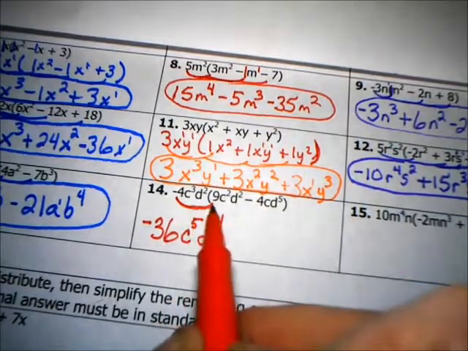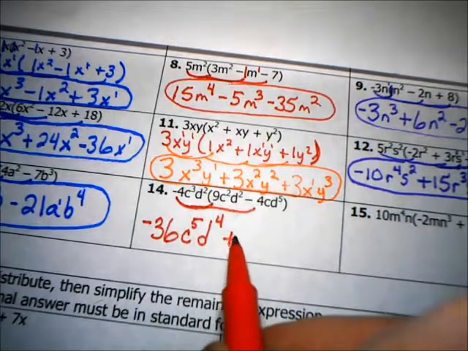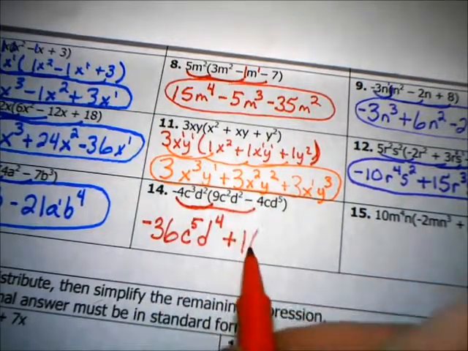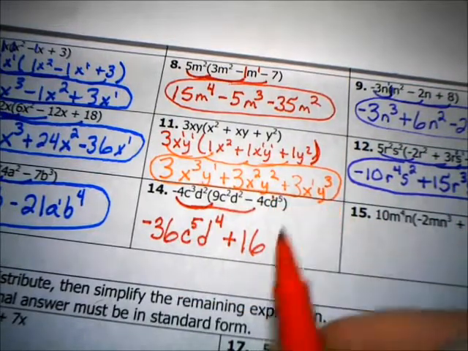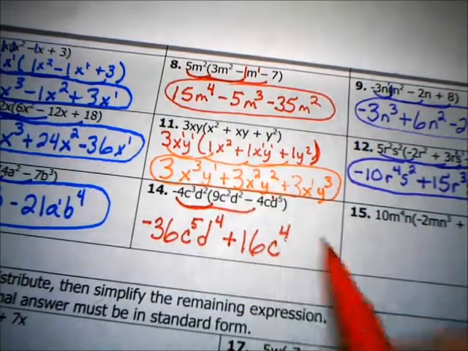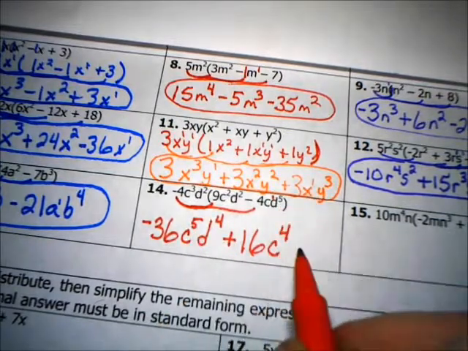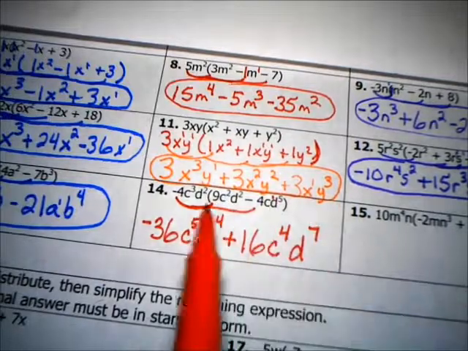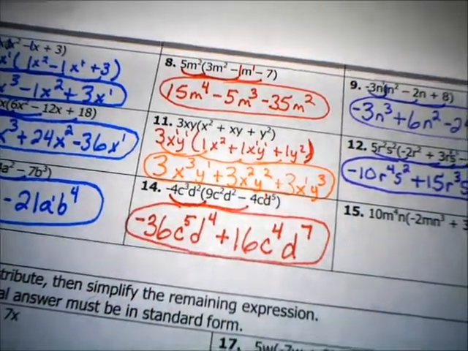Then I go to the next one. Negative 4 times a negative 4 turns to a positive, and 4 times 4 is 16. I have c³ and c¹ gives me a total of c⁴. And then d² and d⁵, that's d⁷. And then circle it, there's your answer.